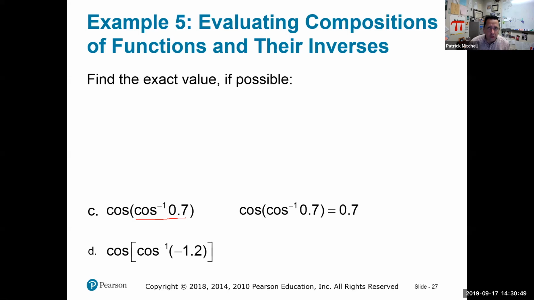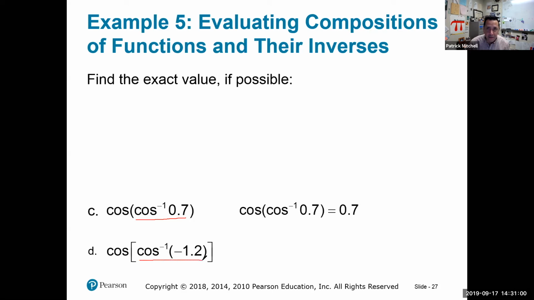Well, remember that the range of the cosine function, just like the range of the sine function, is between -1 and 1. So this value right here is undefined. There is no angle whose cosine is -1.2. So if you see something like this, the answer is undefined.